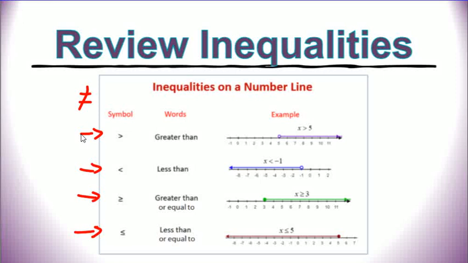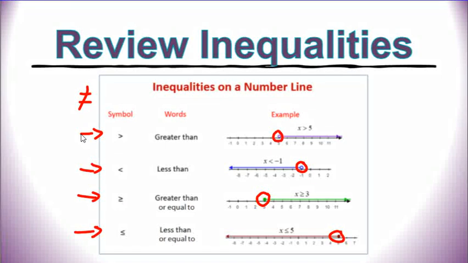And you can see when we're graphing these right now, it's going to be on a number line, and you have different kinds of circles. If it's greater than or less than, you have open circles like these. If it's got the equal to part with it, then you have filled in circles like these bottom two. And the arrow just goes towards the direction that you are looking for the number.